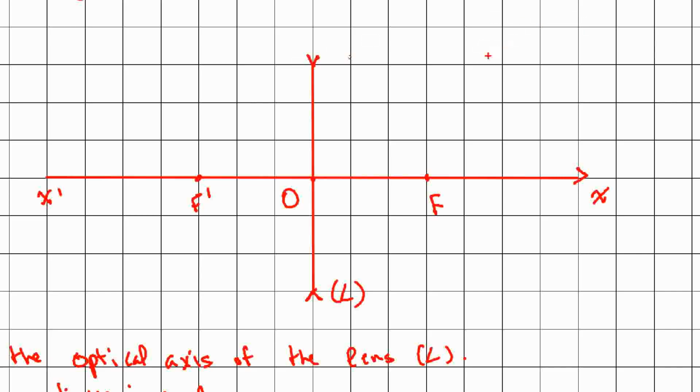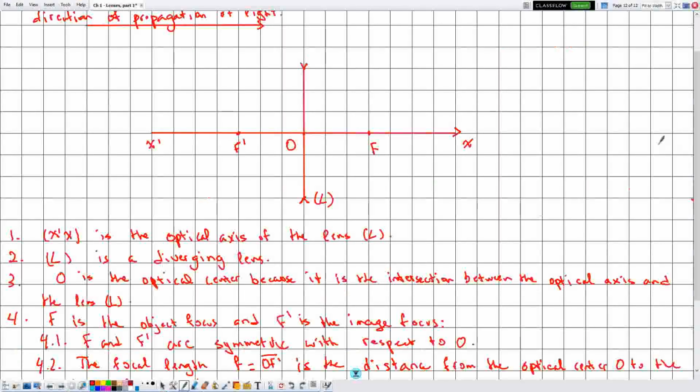Then here the definition of the focal length is f is equal to O f prime bar. The bar means that the distance may be positive or negative. Notice that f is equal to O f prime bar, which is the distance from the optical center to the image focus, and in this case this distance is in the opposite direction of the positive x-axis.